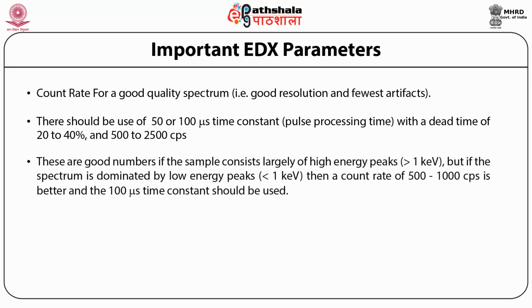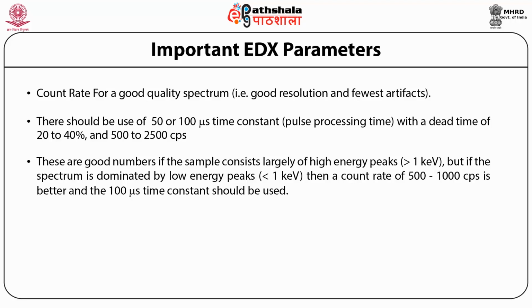These are good numbers if the sample consists largely of high energy peaks, that is greater than 1 kilo electron volt. But if the spectrum is dominated by low energy peaks, that is less than 1 kilo electron volt, then a count rate of 500 to 1000 CPS is better and the 100 microsecond time constant should be used.